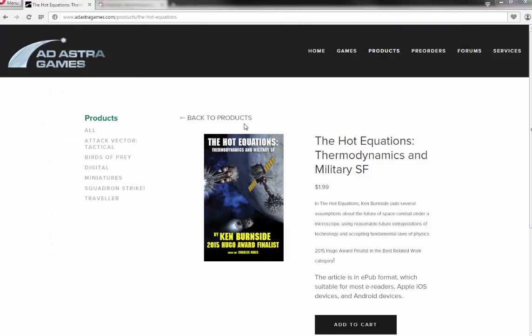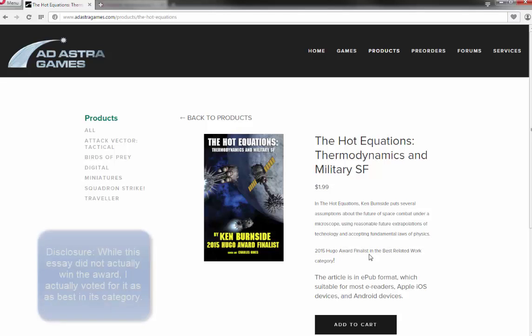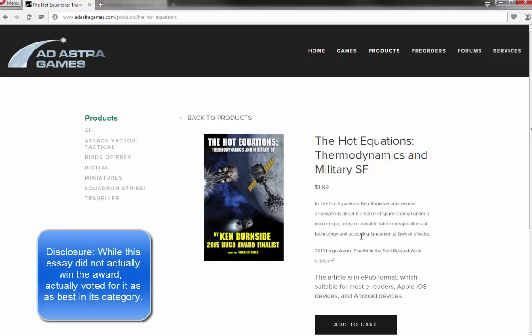There's an interesting essay, and it was actually a Hugo Award finalist this last year by a guy named Ken Burnside. And it's called The Hot Equations, Thermodynamics and Military Science Fiction. And it's actually a pretty good read. I read it over this last summer in the course of reading through the Hugo Awards packet.